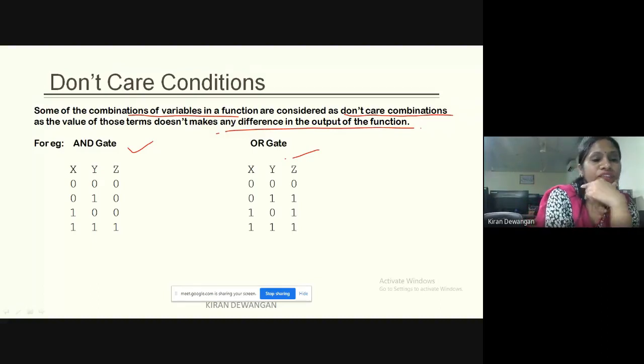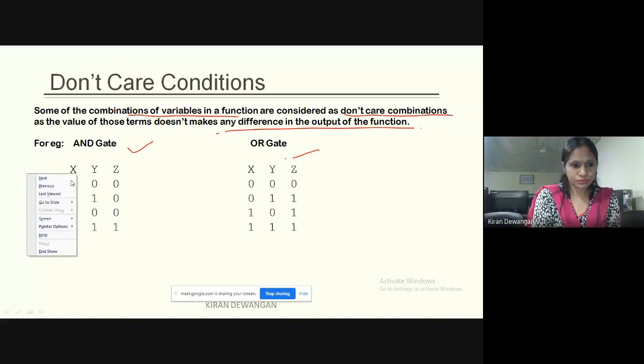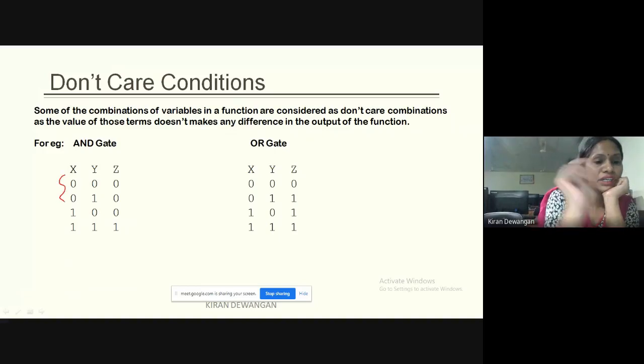Here, if I take this condition and if I take this condition, clear? Let us not take this condition. Let me take the first two conditions. In both the cases, my output is 0.